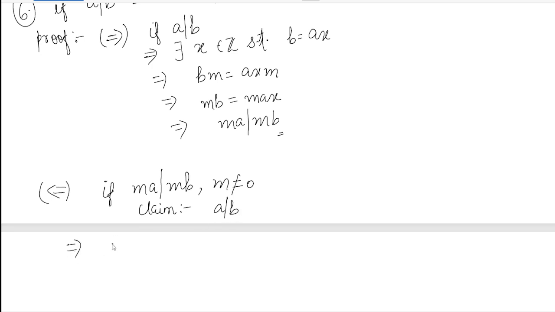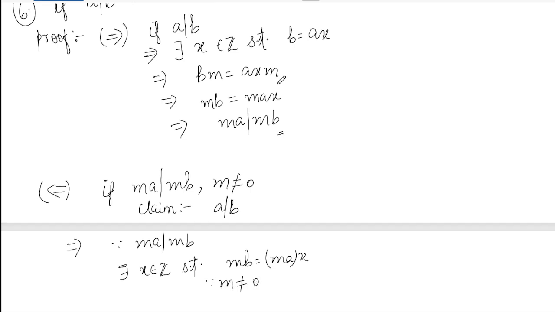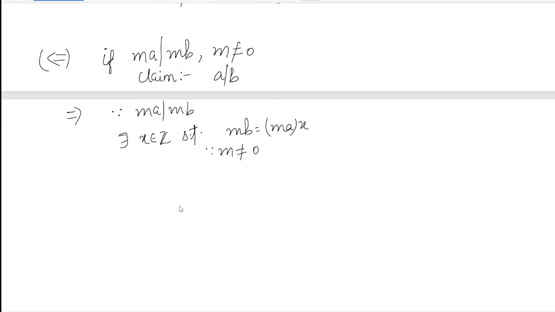A divides B. Since MA divides MB, by the definition, there exists X belongs to Z such that MB is equal to MAX. Since M is non-zero, we divide by M on both sides.